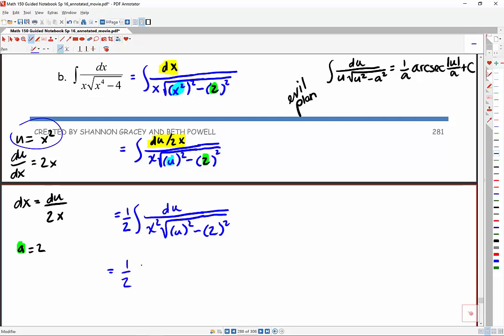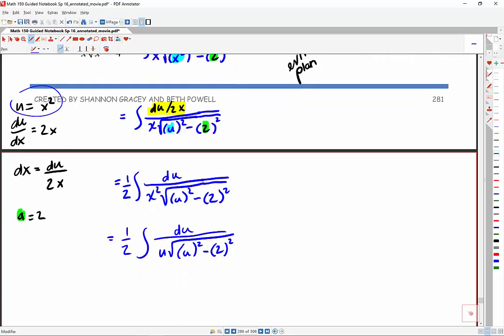We'll have 1/2 times the integral of du over u times the square root of u squared minus 2 squared. So it looks like it's going to work out just fine. Now we've got our arcsecant result.